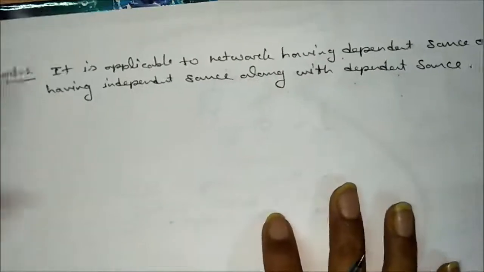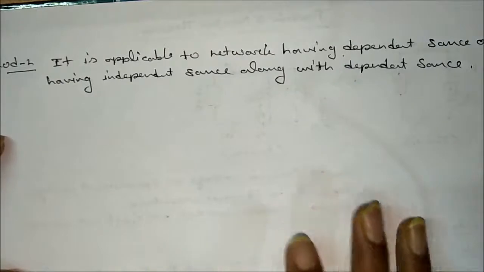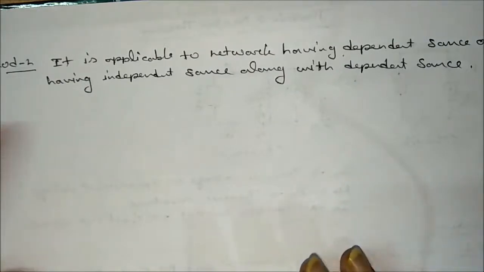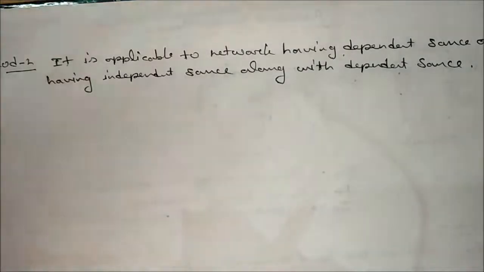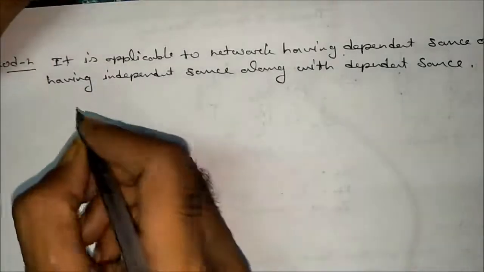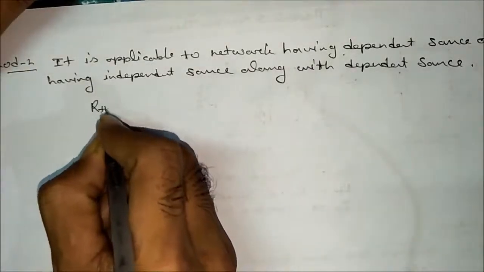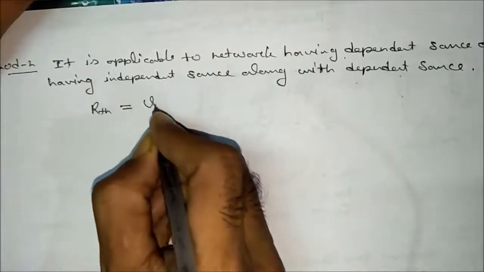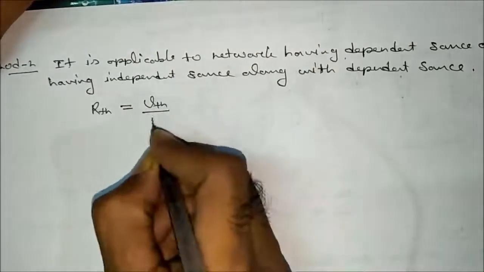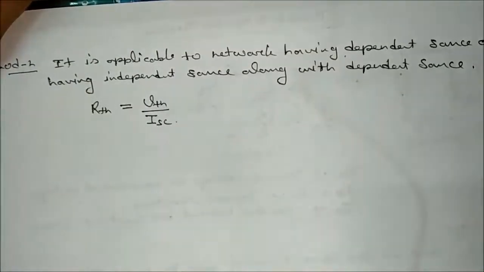That means, if a network has resistance, dependent sources, and also independent sources, then this method is applied to get the Rth value. How will you do it in this case? The Rth will be defined as Vth divided by Isc.